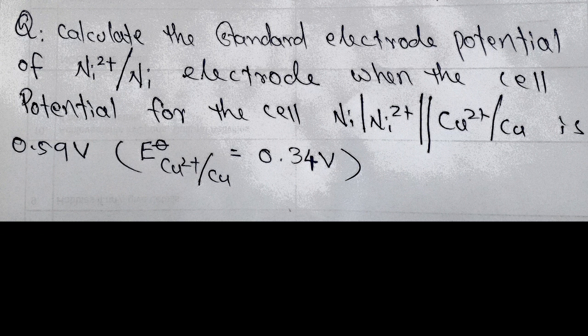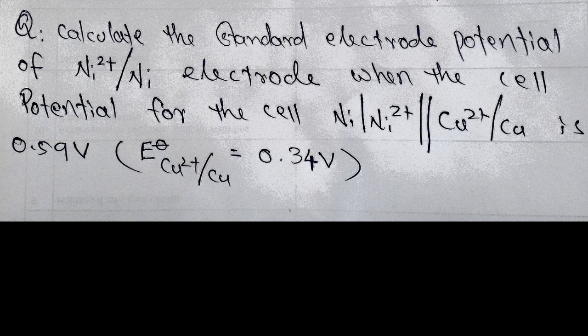Here, first question: calculate the standard electrode potential of the nickel 2+ to nickel electrode when the cell potential for this cell is 0.59 volt. The electrochemical cell is given: Ni | Ni2+ || Cu2+ | Cu.